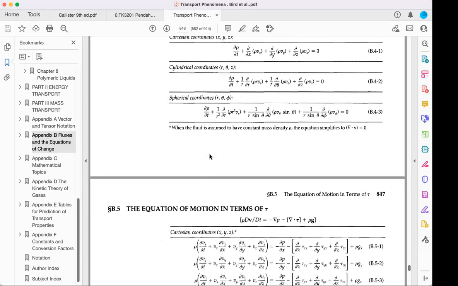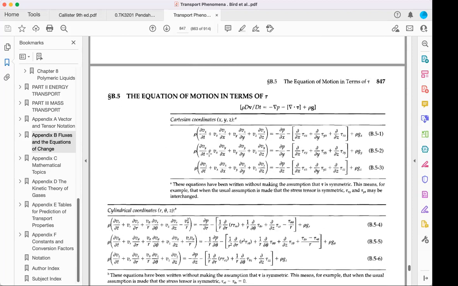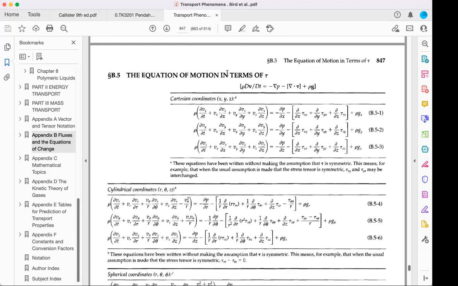Okay. And then in appendix B5 is the equation of motion, and there are two types of equation of motion. The first one is the equation of motion in terms of the momentum flux tau. On the left side, this is about the velocity, but on the right side, again there is a pressure difference, there is a tau or the shear momentum or the momentum flux, and also there is gravity.